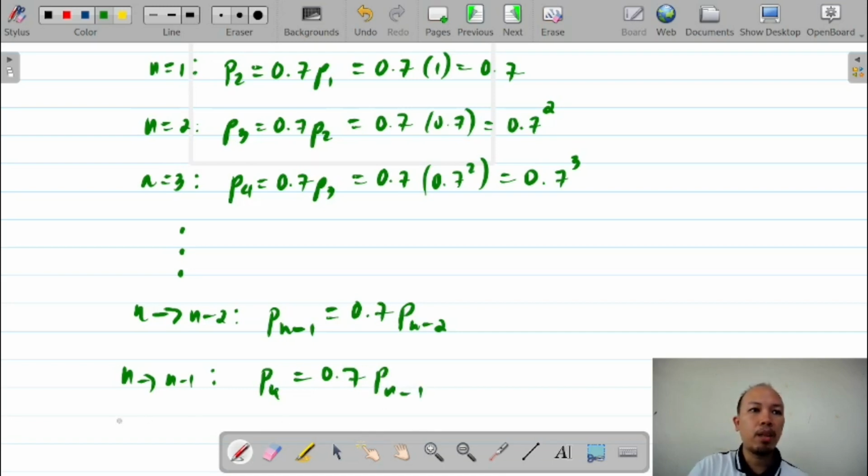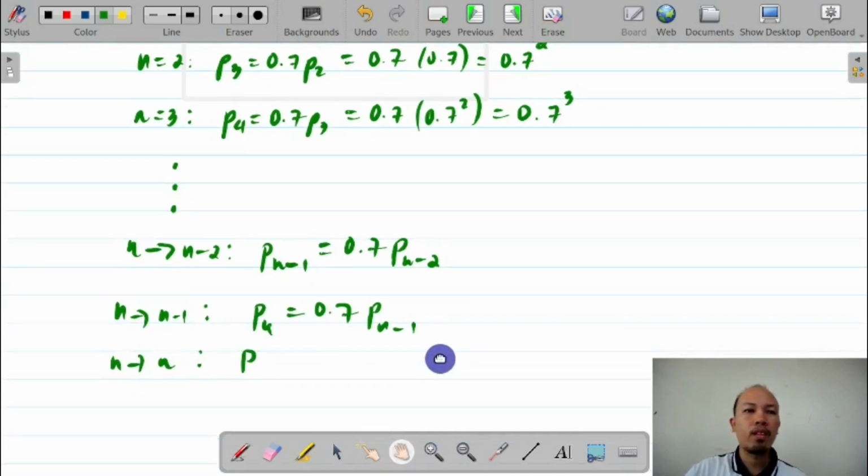So replace n by n, so we have p sub n plus 1, which is equal to 0.7 p sub n, small p sub n.